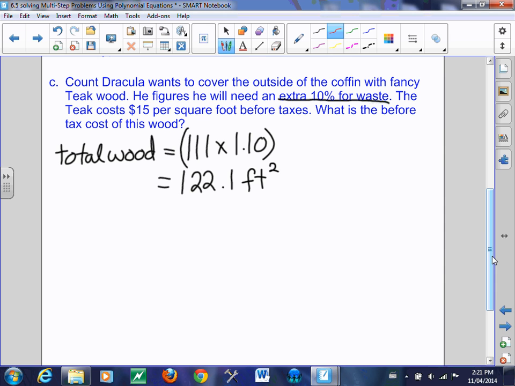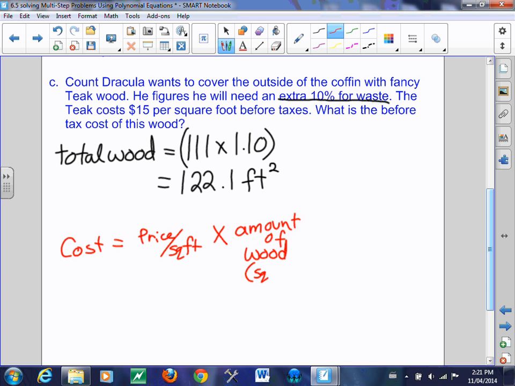Okay, so the cost equals the price per square foot times the amount of wood. And that amount of wood has to be in square feet. So subbing that in, you're going to have 15 times 122.1.